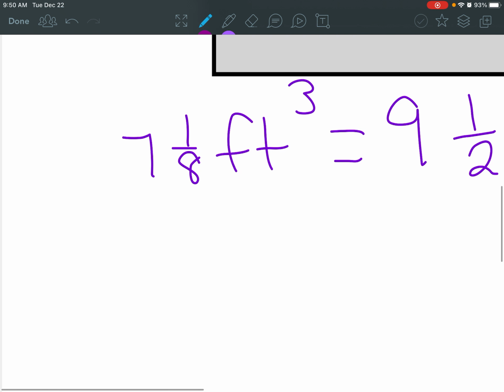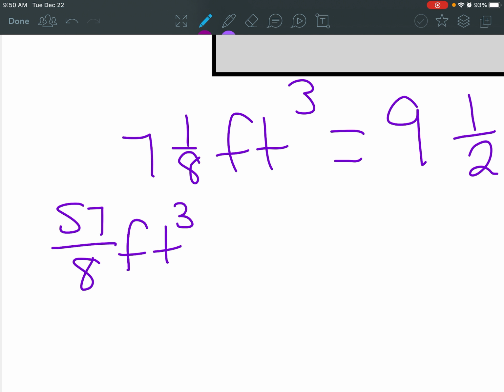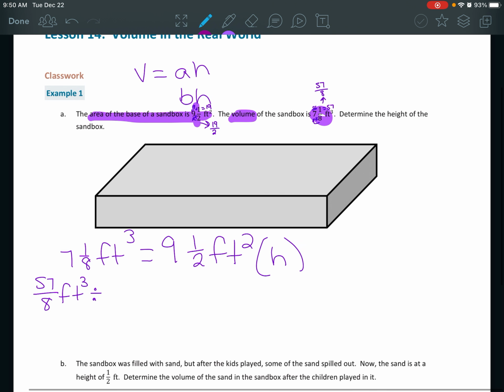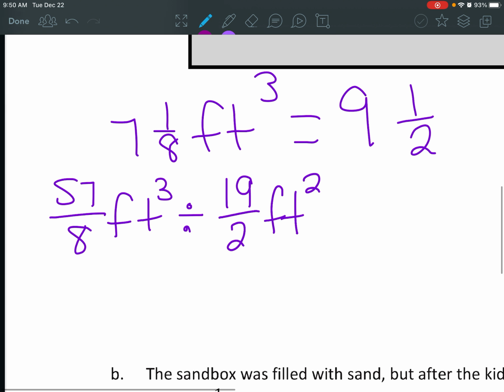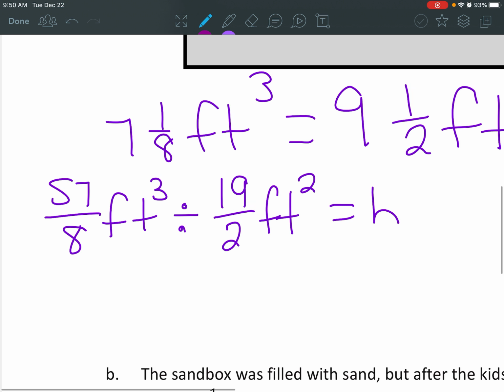So 57/8 feet cubed divided by 19 halves feet squared. And that will tell us our height.